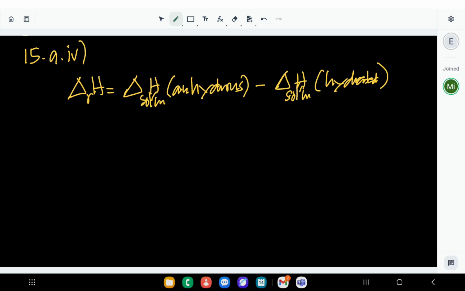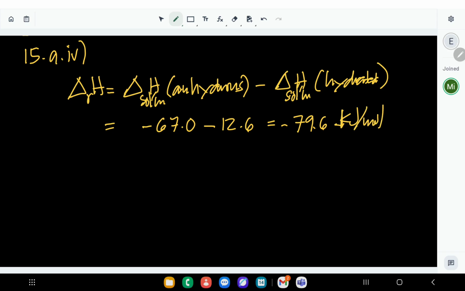So we got 67 there, negative 67.0 minus what we have here from the table, 12.6. So this is just negative 79.6 kilojoules per mole.